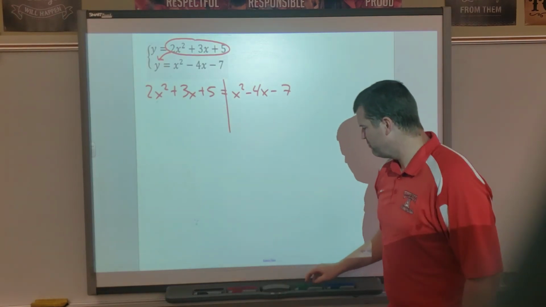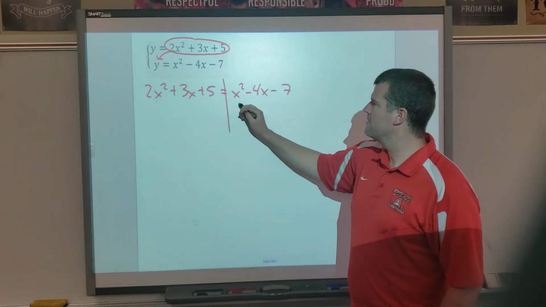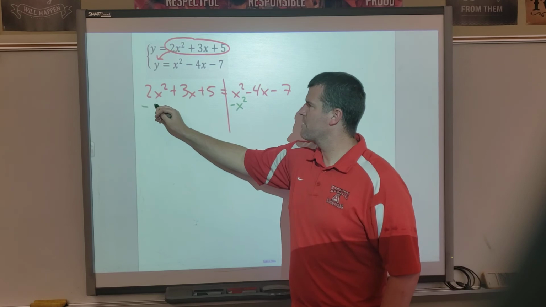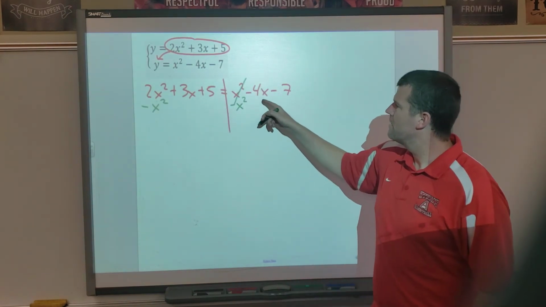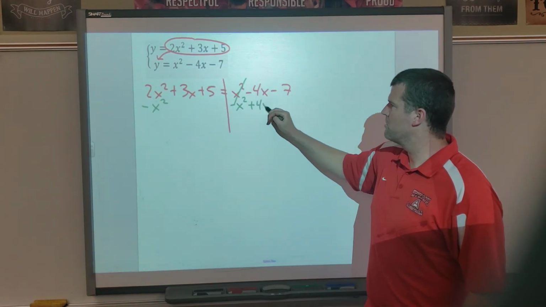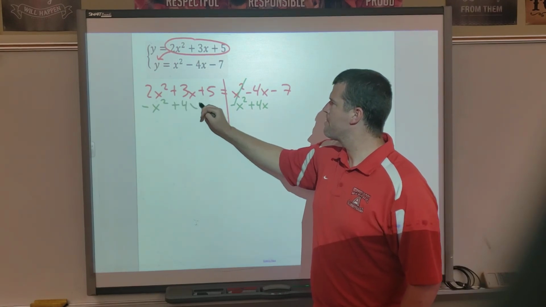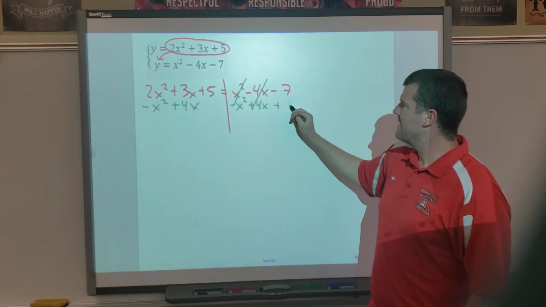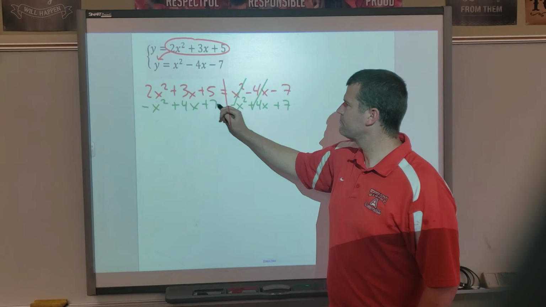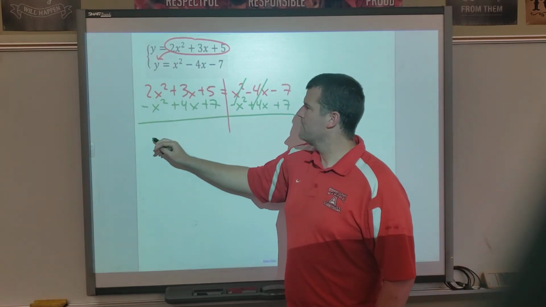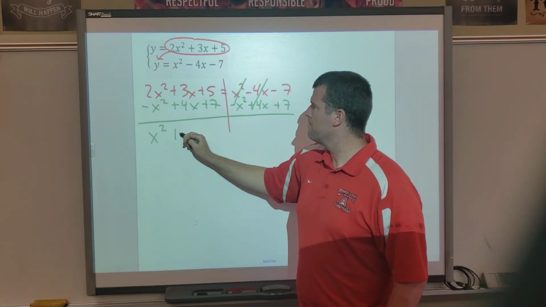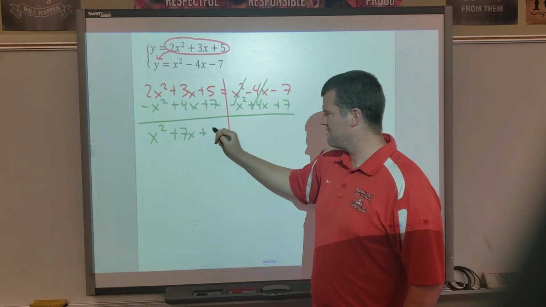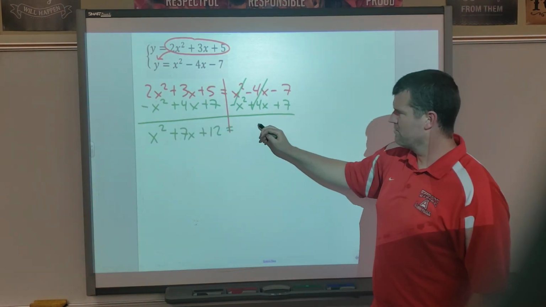So I'm going to move my smaller x squared. Subtract x squared on both sides. Going to add 4x to both sides. And then I'm going to add 7 to both sides. And that gives me a new equation of x squared plus 7x plus 12 equals 0.